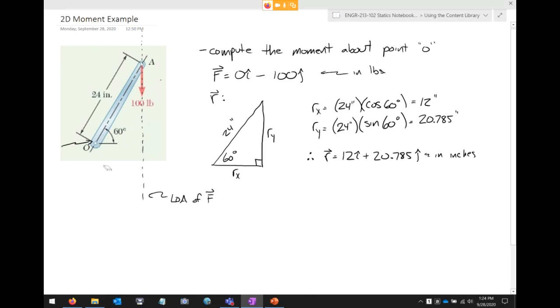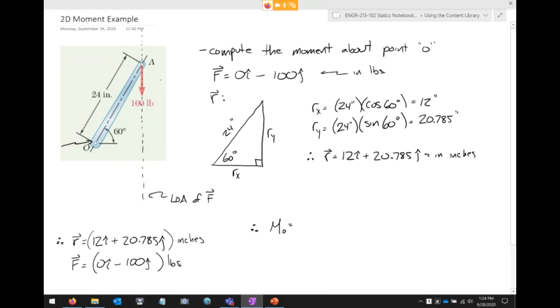In fact, we're going to leave that up there because I'm going to try a different R here in a second, and again, you'll see you get the same answer. So therefore, if I have R is 12i plus 20.785j, and again, that's inches, and then F is 0i minus 100j in pounds, and therefore the moment, and because we're dealing in two dimensions, I'm not even going to worry about expressing this as a vector.